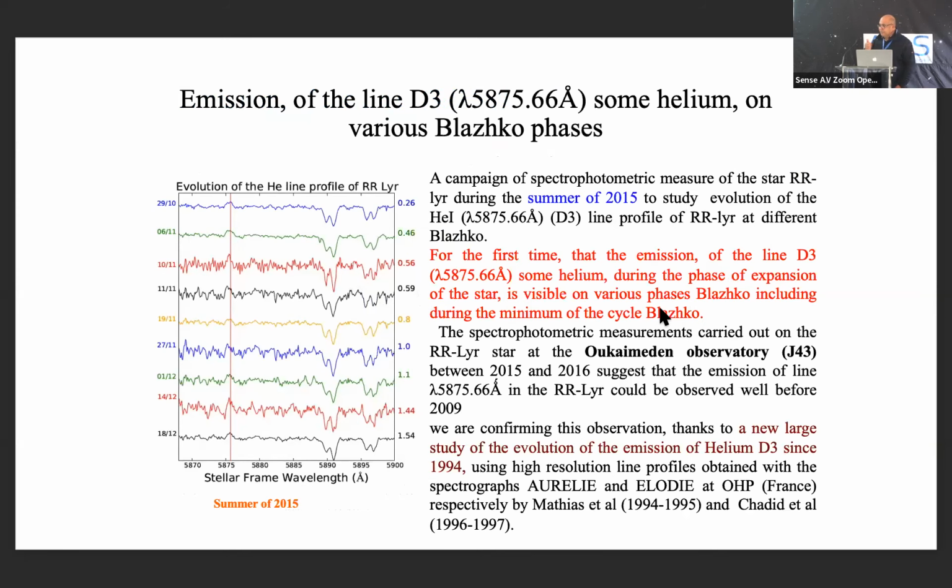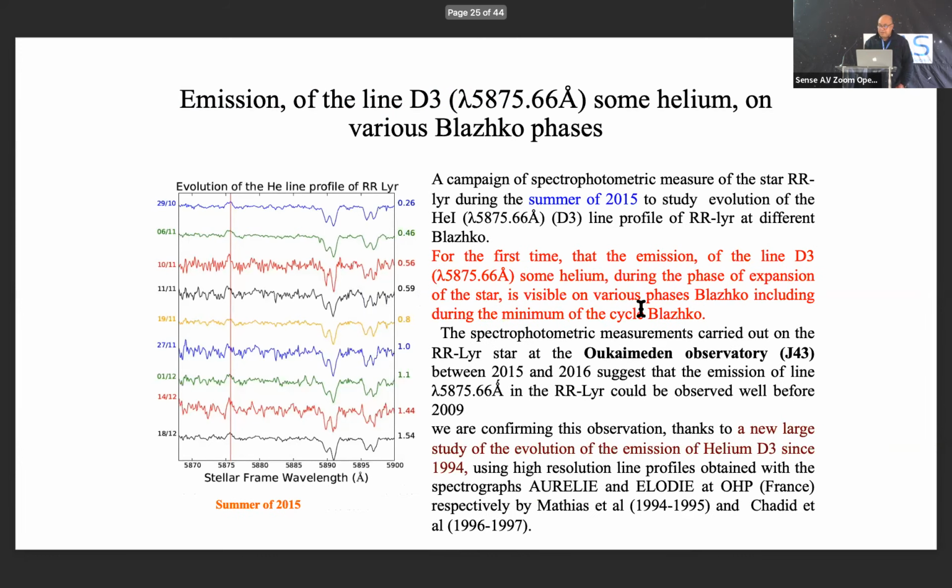After we observed the first and second emission, we studied the evolution of this emission in all phases of Blazhko. And for the first time, we observed that emission during the phase of the expansion of the star, visible on various phases of Blazhko.